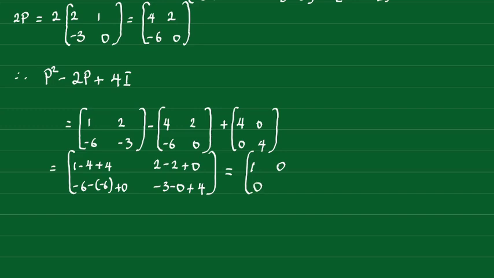We have -3 minus 0 plus 4, this will give us 1. Therefore, our answer is (1, 0; 0, 1).